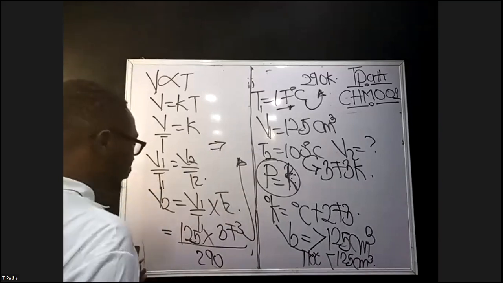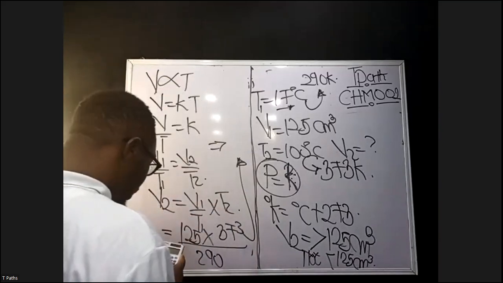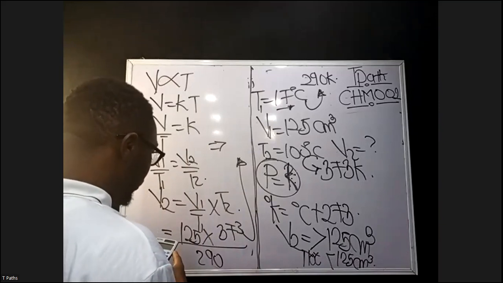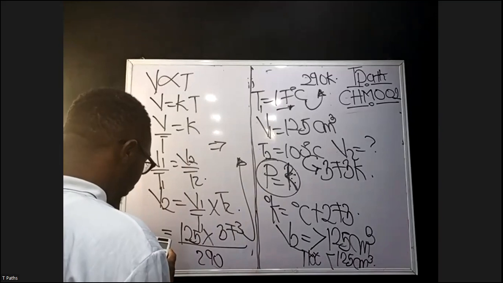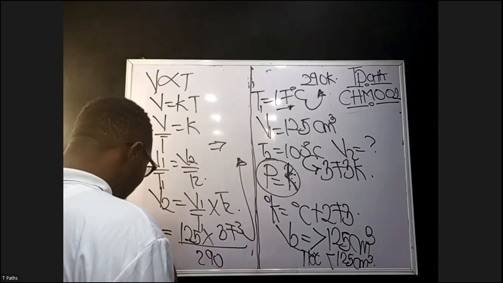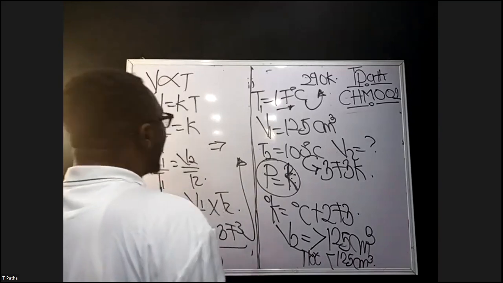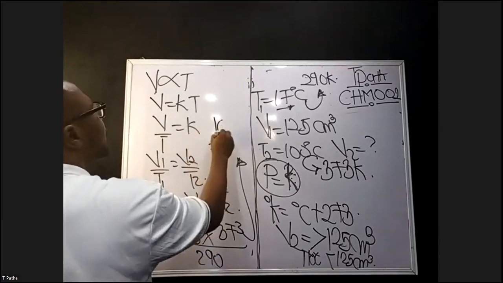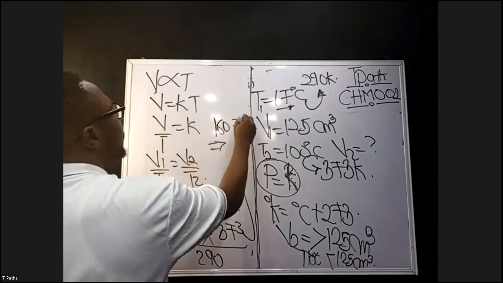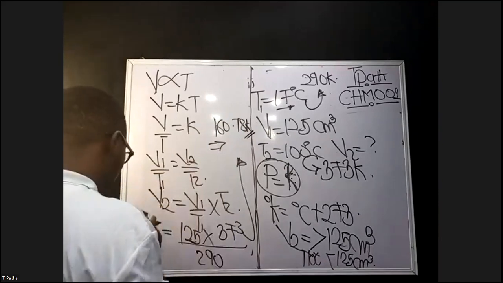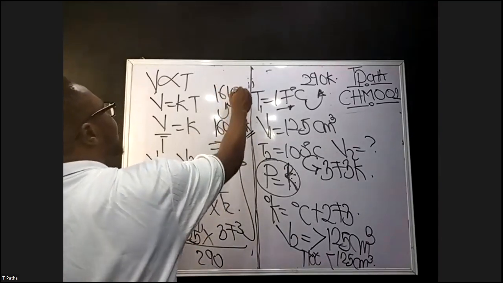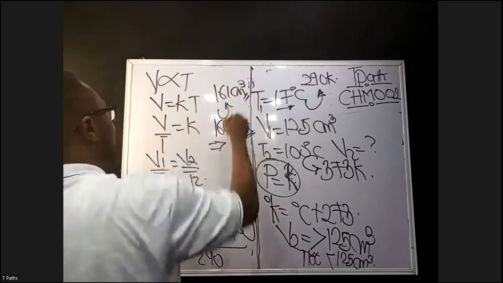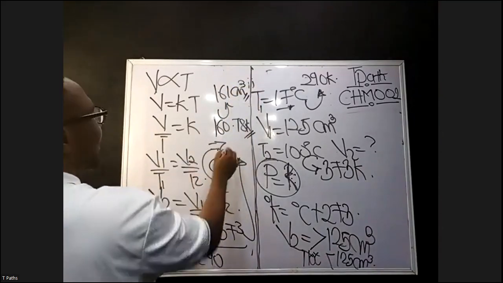So that is 125 times 373 divided by 290. So I'm getting 160.78. So look at the option there. That is the same thing as saying 161 centimeter cube. So that is option C. Final answer is option C.